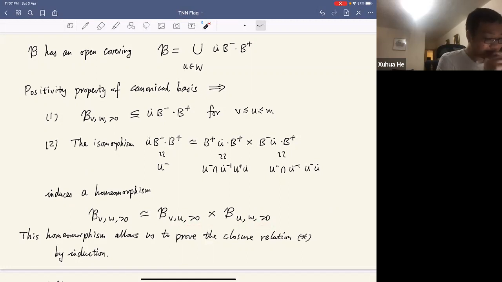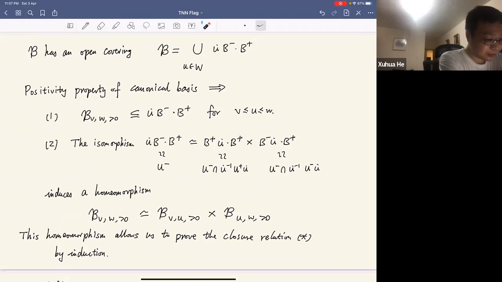I have to point out that this is not an arbitrary decomposition, because we know this one is a cell and these two are cells, and to know that they are homeomorphic, we just check that they have the correct dimension.